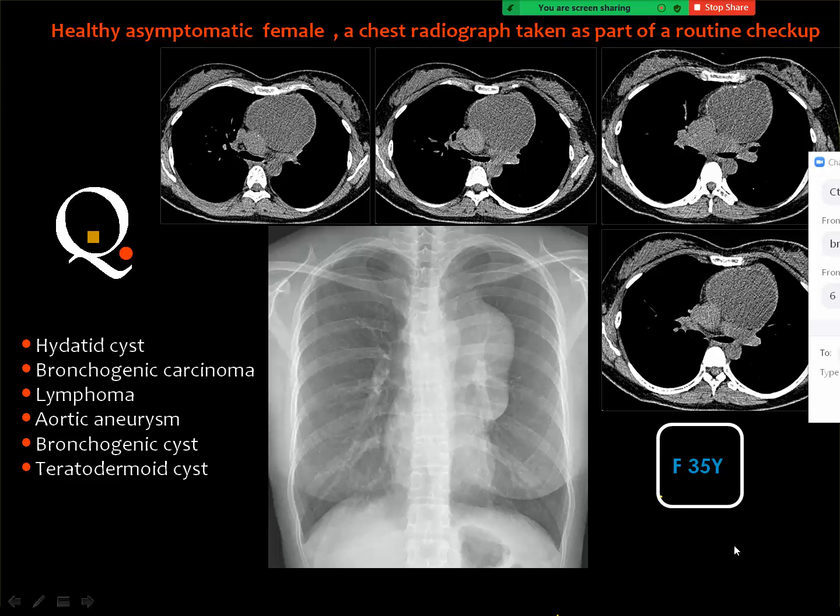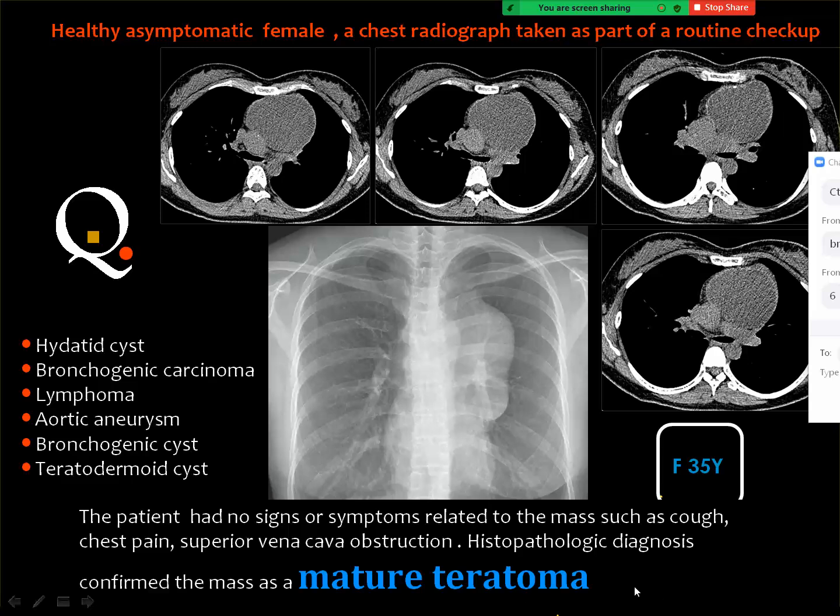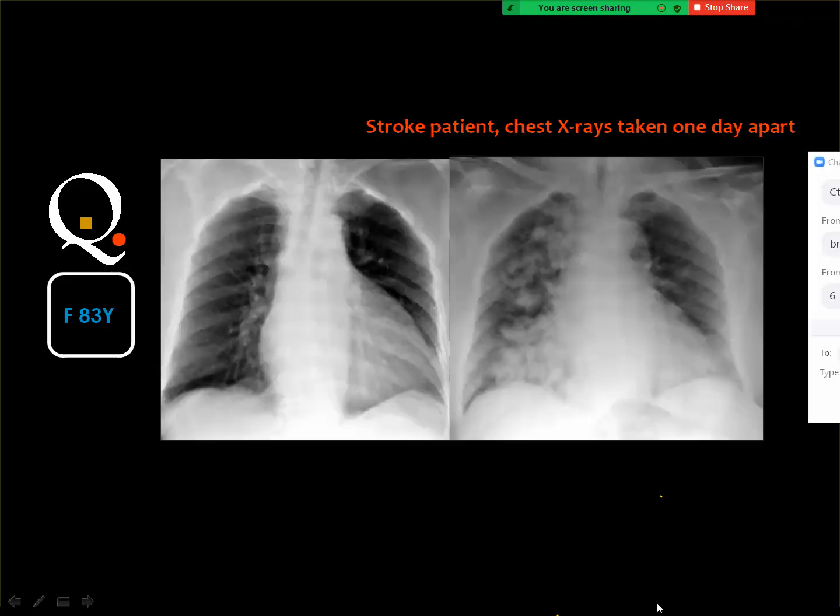And you may get only two of these, but fat is very important actually. And this is not the site of bronchogenic cyst, as you know. The bronchogenic cyst is usually located at the level of the carina, and this was a teratodermoid or a mature cystic teratoma.